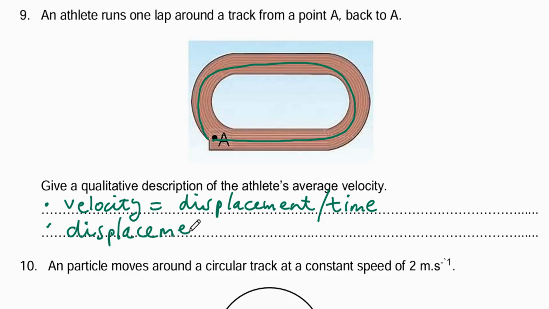Because remember, displacement is the shortest distance or straight line distance from start to finish. So the displacement is 0, and hence the average velocity is 0. So hence the average velocity is 0.